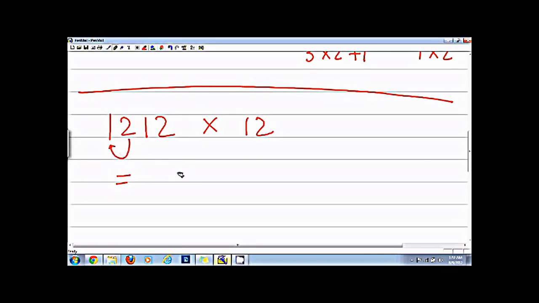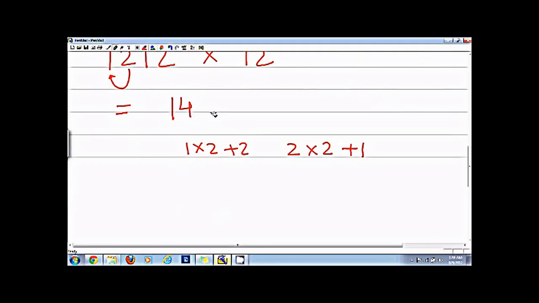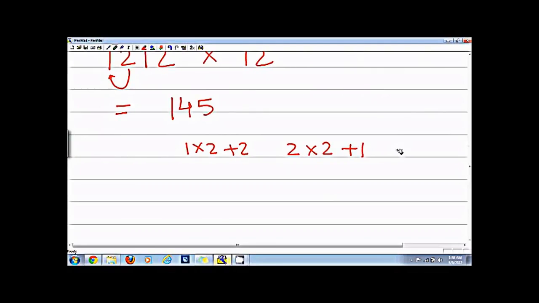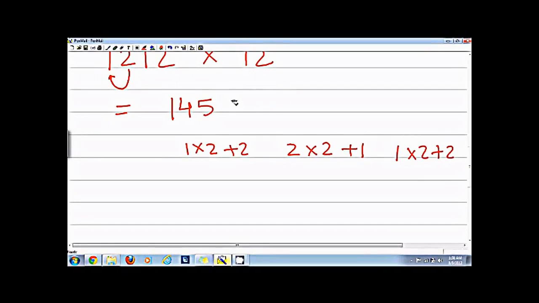So first I will write 1 here because the first digit is 1, and then I'll say 1 into 2 plus 2, that is equal to 4, and then I say 2 into 2 plus 1, that is equal to 5, and then I'll say 1 into 2 plus 2, that is equal to 4, and then I'll say 2 into 2, that is equal to 4. So the answer is 14544. So I can check if my answer is correct.